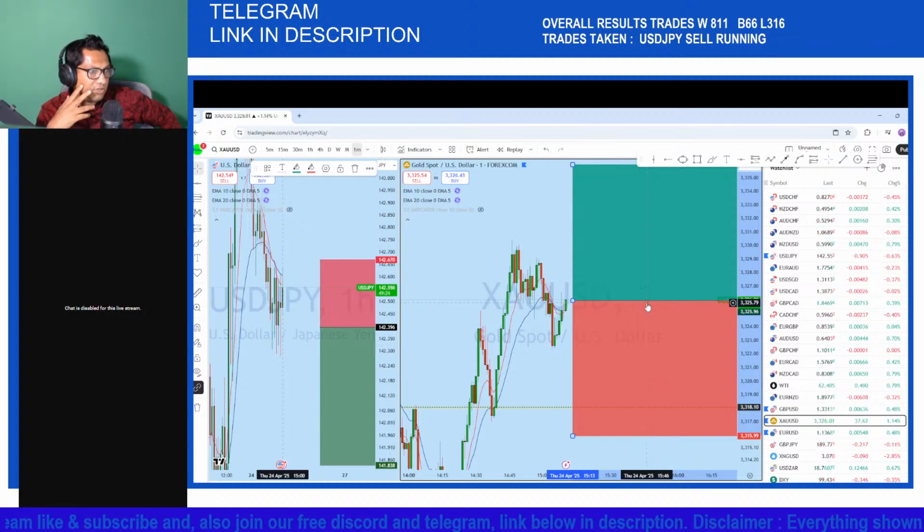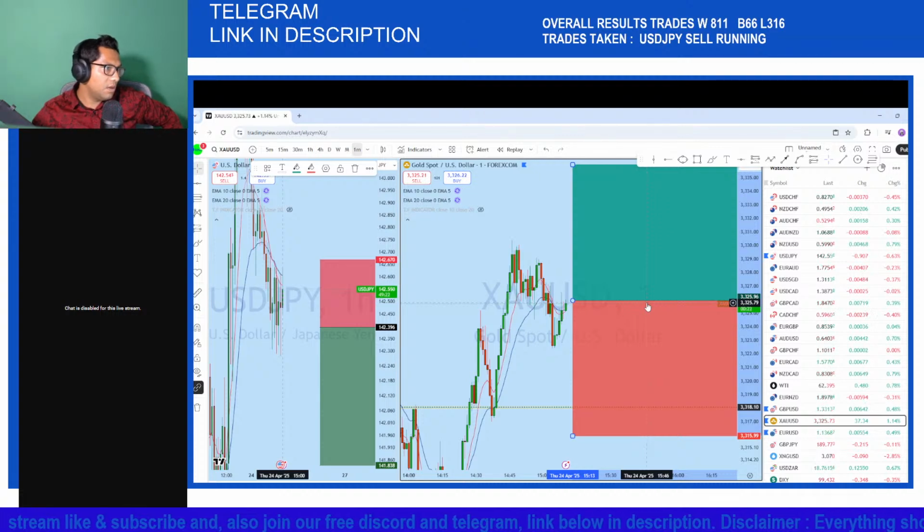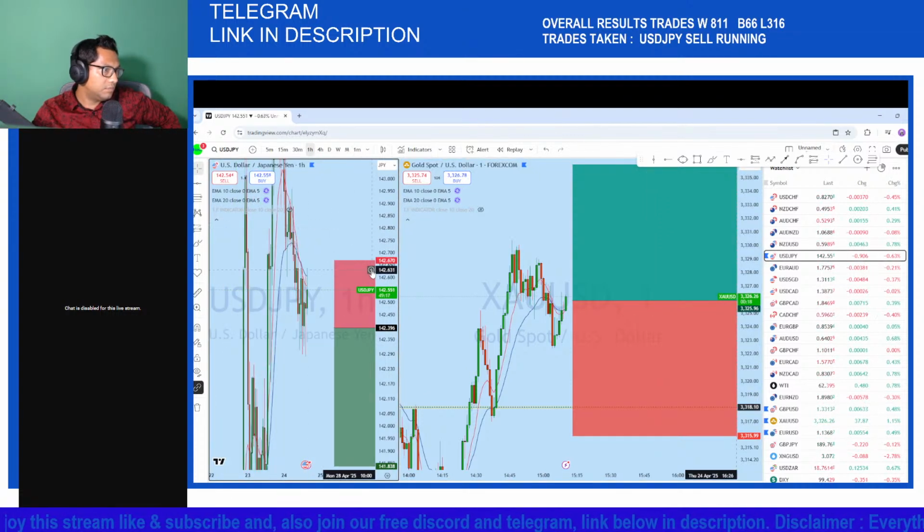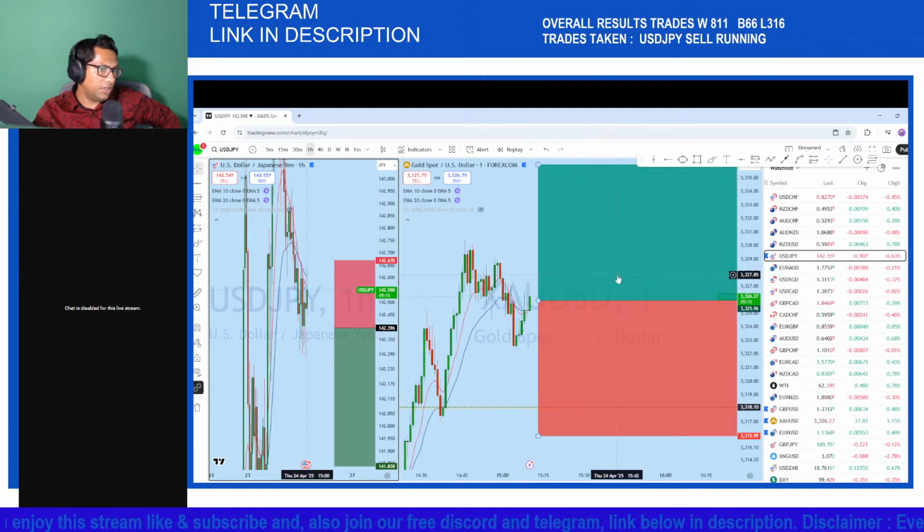We may see that trend continuation. Well, dollar yen also is still on.